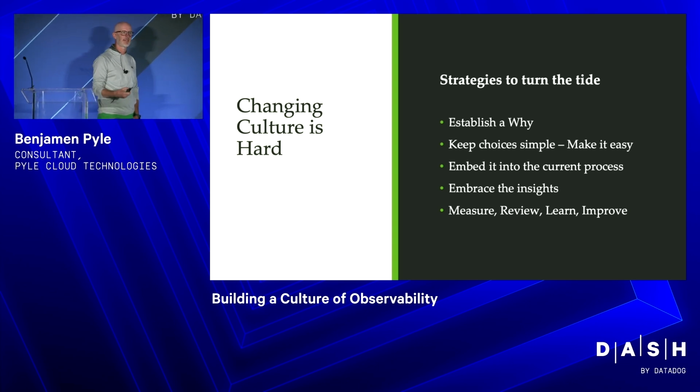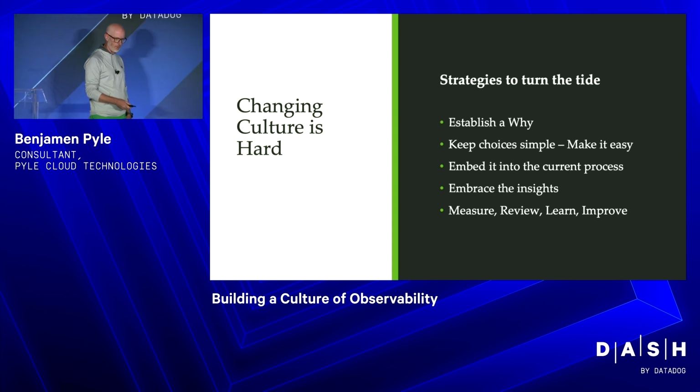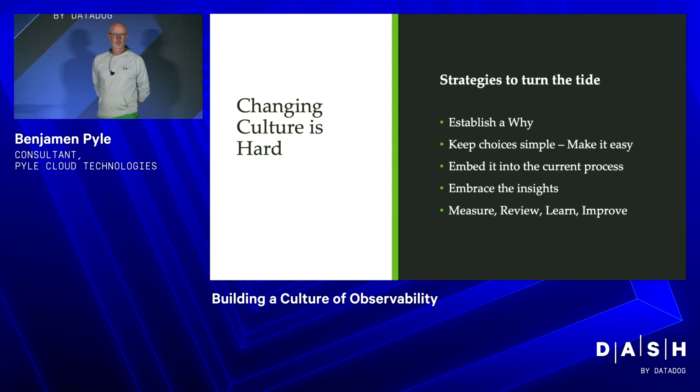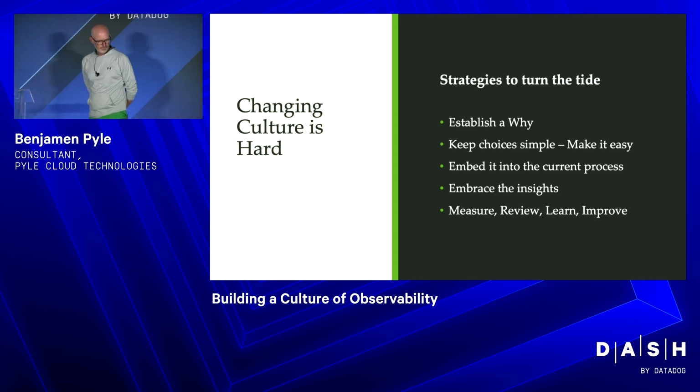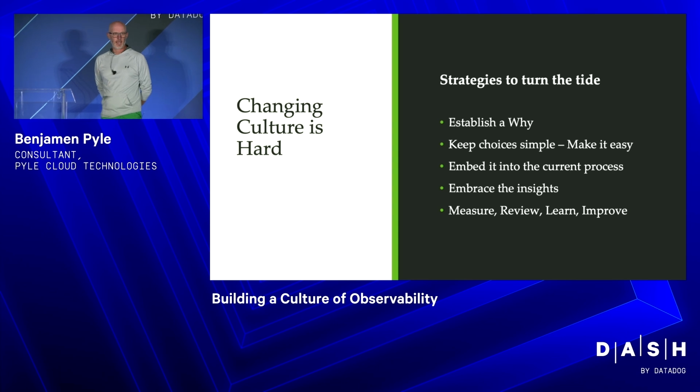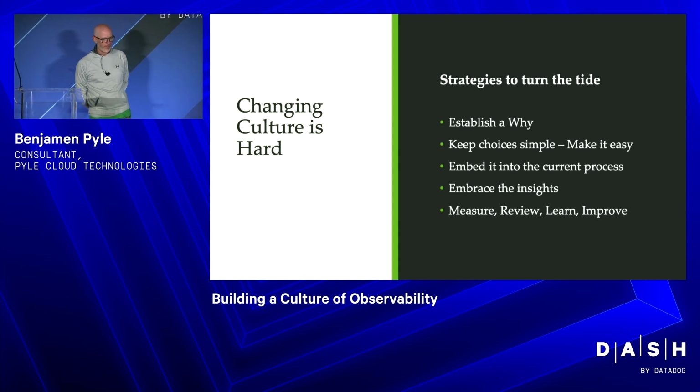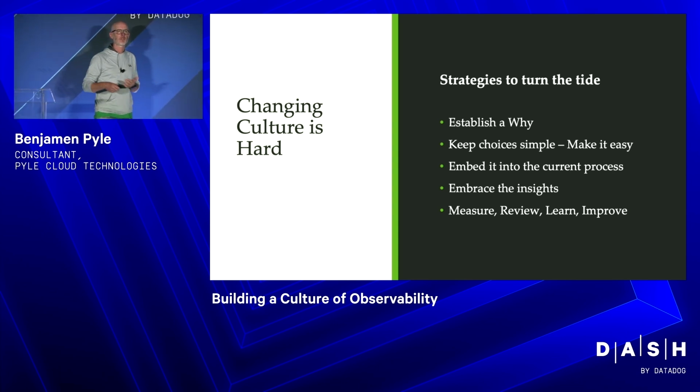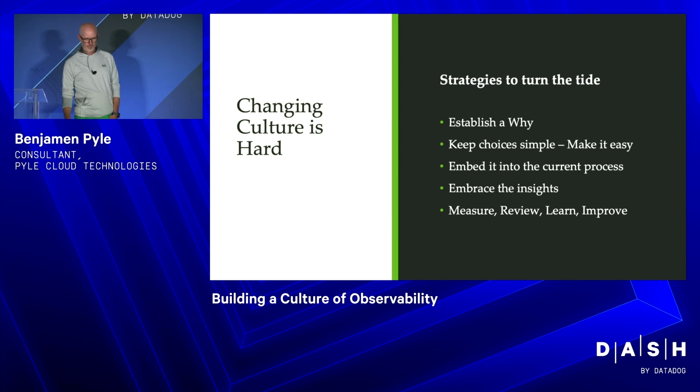I think keeping things easy and simple is important as you're getting going. I want to embed it in the current process. And what I mean by that is, like I said, I want it to be habit. I don't want teams to have to think. We're going to embrace insights and look at some learnings in there. And then we're going to talk about how to measure and improve and how to move forward.